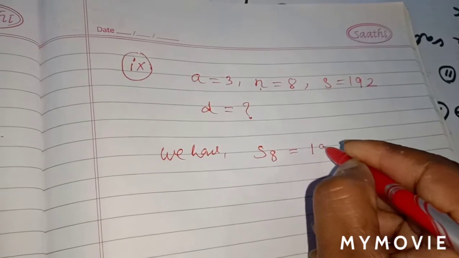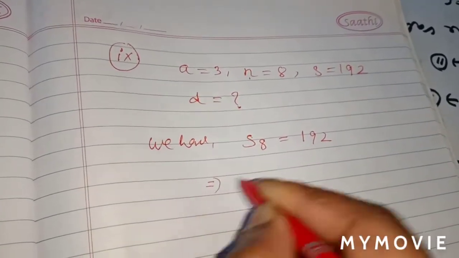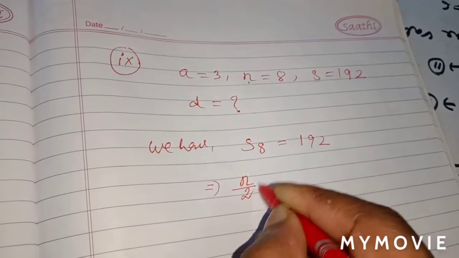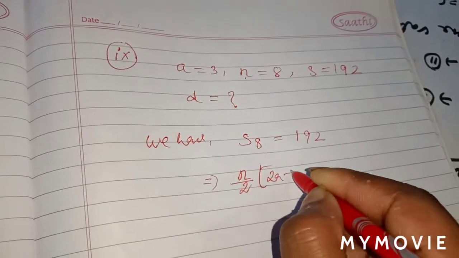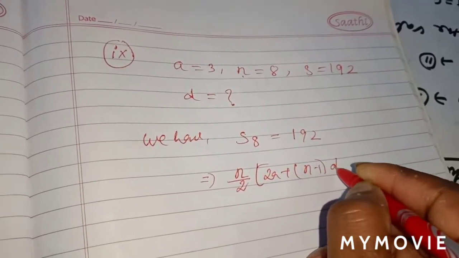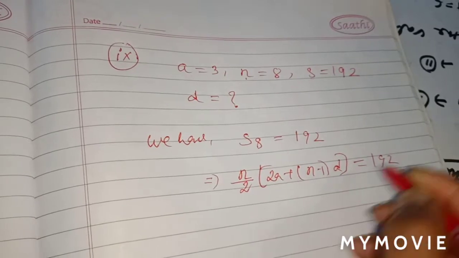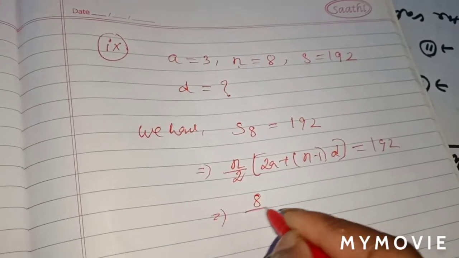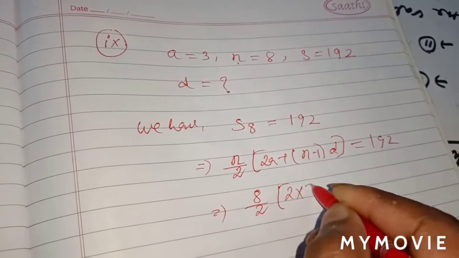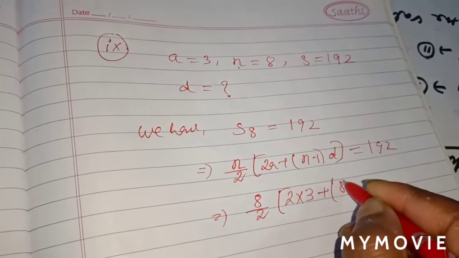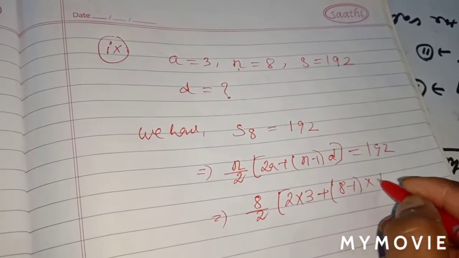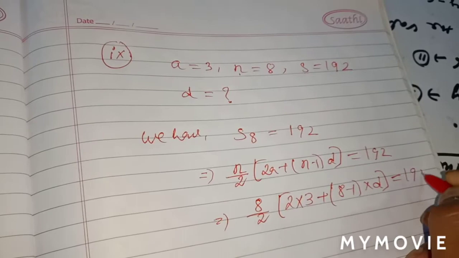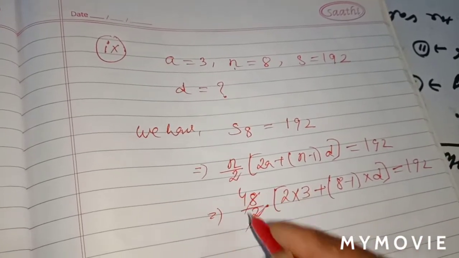So S8 is 192. S8 is N by 2 into twice A plus N minus 1 D, which is 192. So 8 by 2, twice A is 2 into 3, 8 minus 1 D. Okay, 192. How many times? 4.